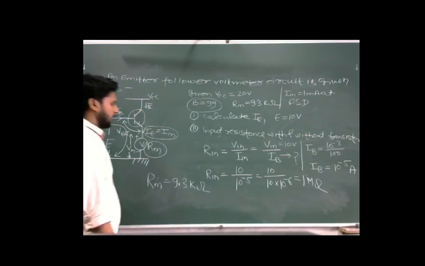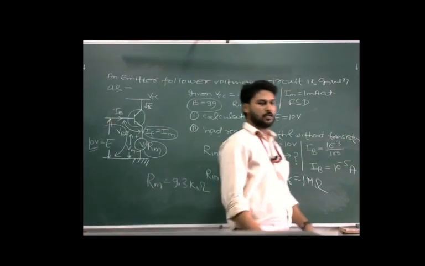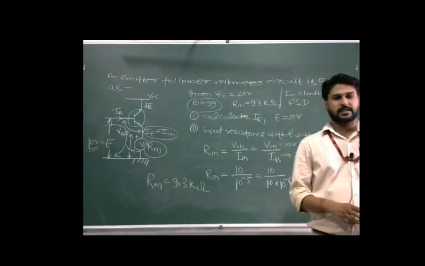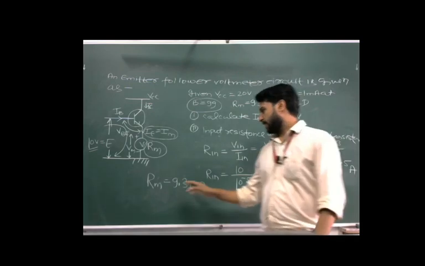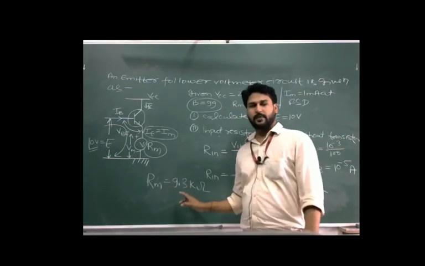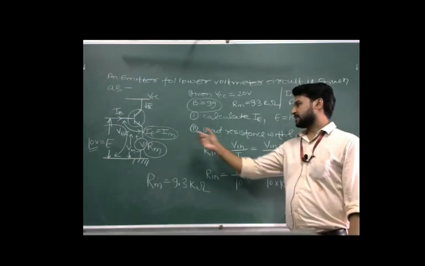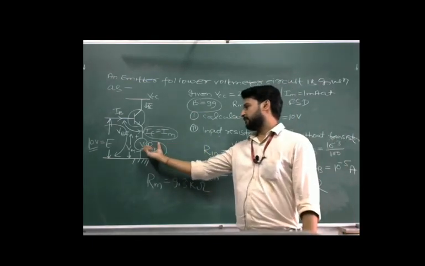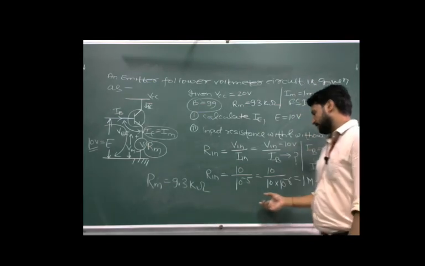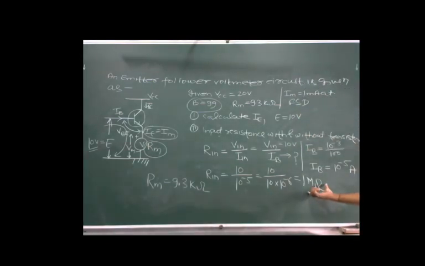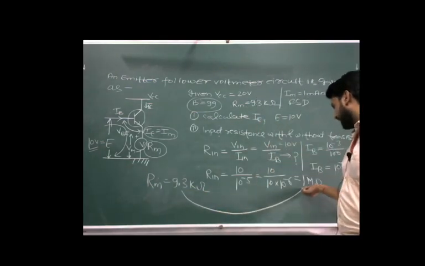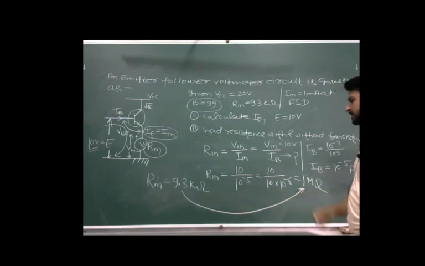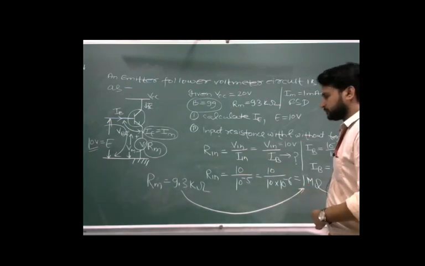It is an important result here that when the transistor is not connected, the input impedance for the voltmeter is 9.3 kilo ohm, and after connecting this transistor with the voltmeter, we will get an input impedance of the order of mega ohm. This is an appreciable change in the input impedance after connecting this transistor with the voltmeter.